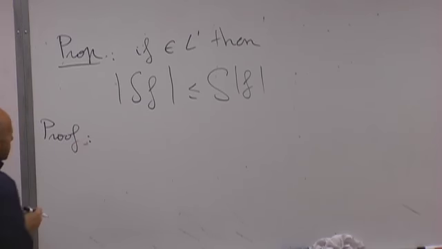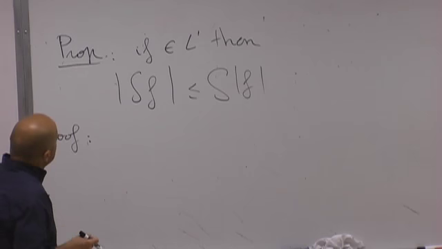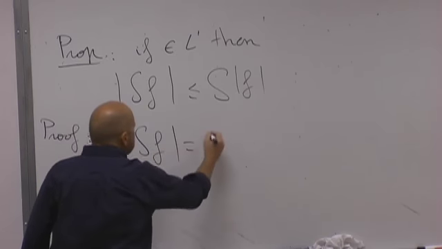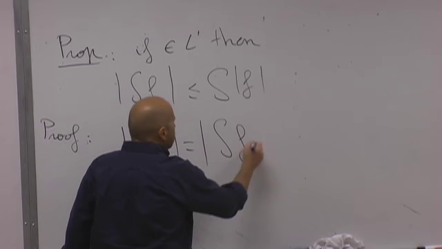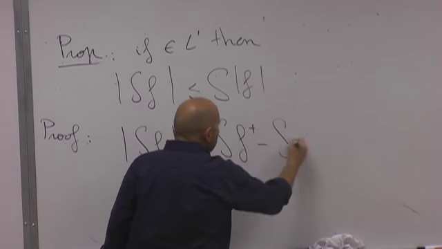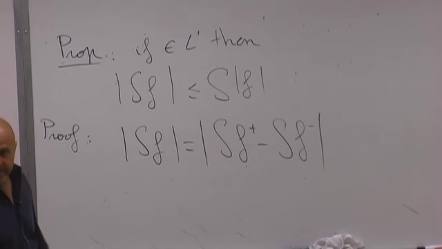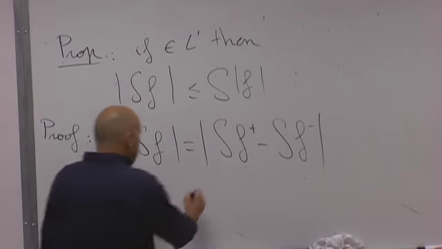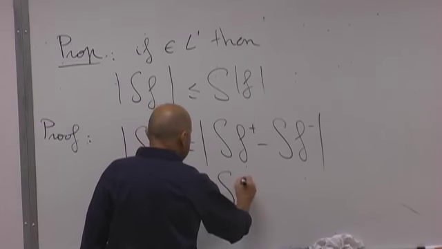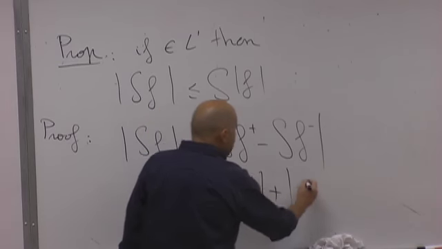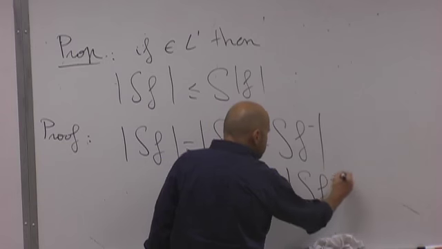And the proof is very easy. What we do is the integral of f is, by definition, the integral of f plus minus the integral of f minus. That's our definition. And that, by the triangle inequality, is less than the absolute value of the integral of f plus plus the absolute value of the integral of f minus.